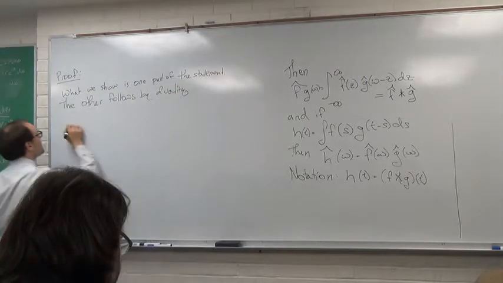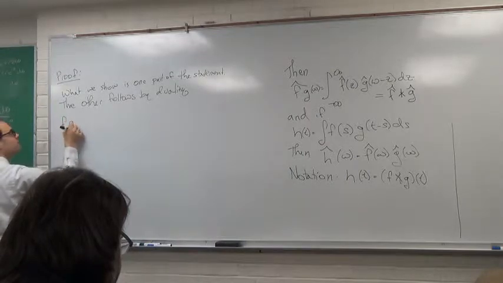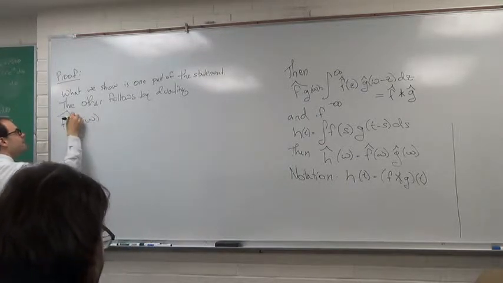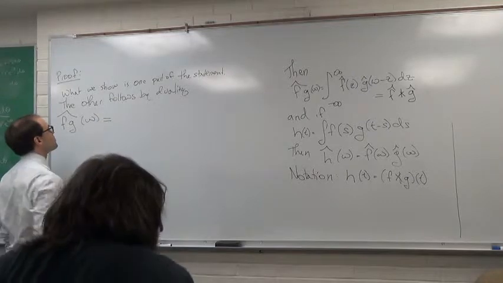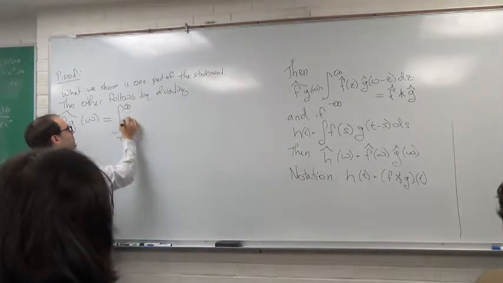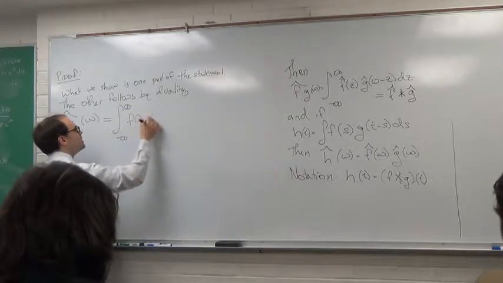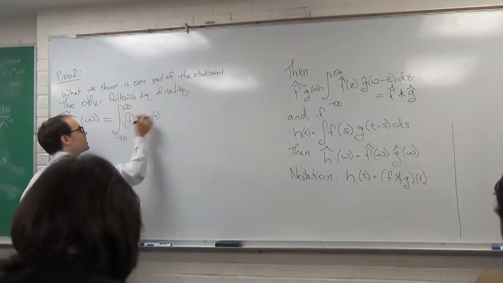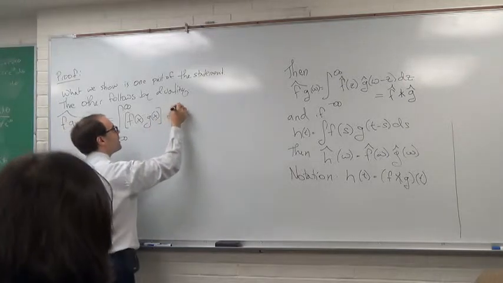So let's pick the first one, and we'll ask for this one. And what is this? Well, straight from the definition of the Fourier transform of f times g, that's f of x, g of x. That's the function I'm transforming. And then here's the other part.